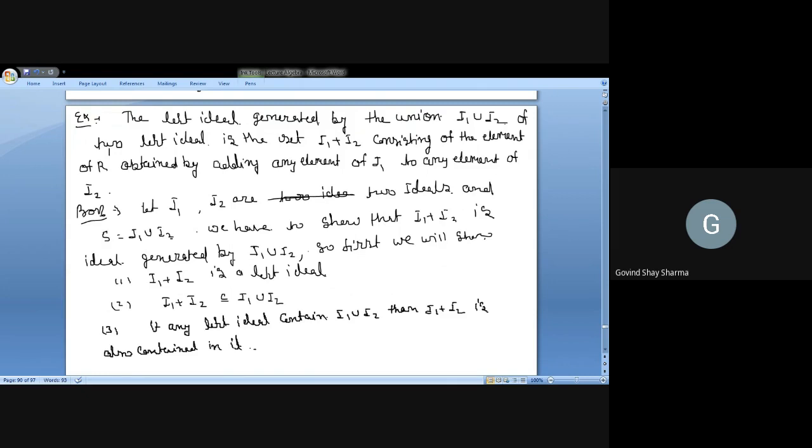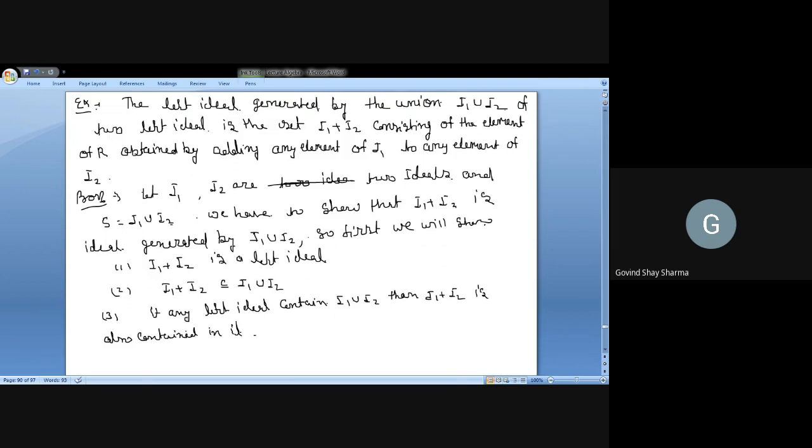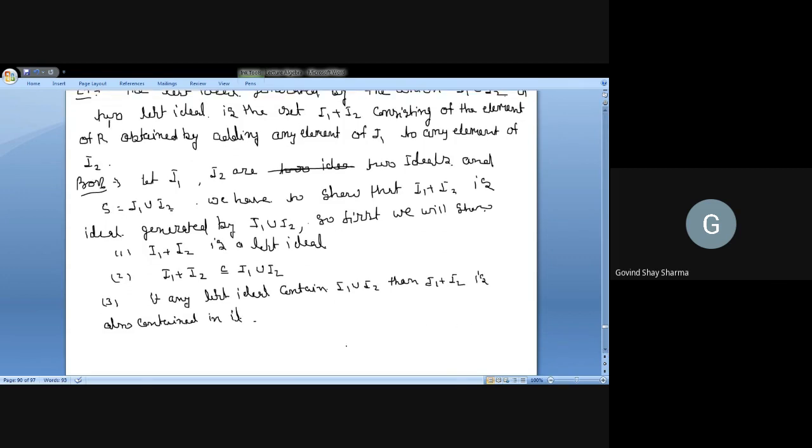Again, let I1 and I2 be two ideals, and S is I1 union I2. We have to show that I1 plus I2 is the ideal generated by I1 union I2. So first we will show that I1 plus I2 is a left ideal and I1 union I2 is a subset of I1 plus I2, and if any left ideal contains I1 union I2, then I1 plus I2 is also contained in it. Students, this will be for your practice. I give you a hint. We take two elements of I1 plus I2.